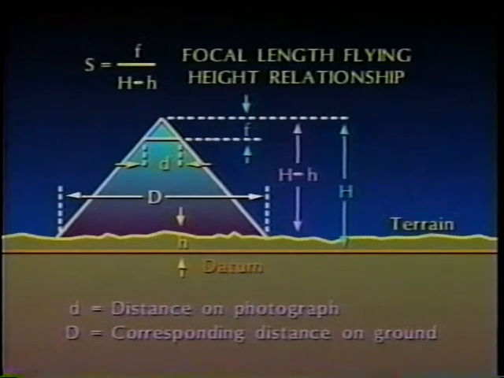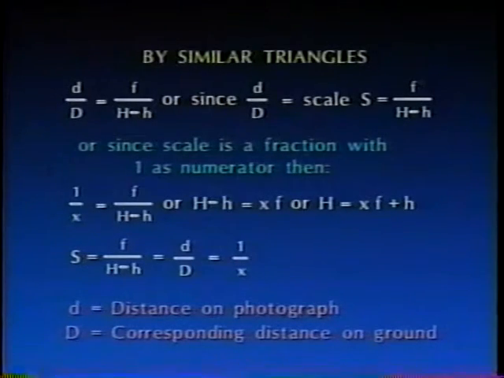S equals F over H minus small h equals small d over D, and equals, when the numerator is reduced to unity, 1 over X. When the scale is reduced to unity, 1 over X is actually the reciprocal of small d over D. Although it is not shown on the graphic, F is often stated in millimeters, so the number of millimeters per inch, 25.4, is a number which should be among those committed to memory.